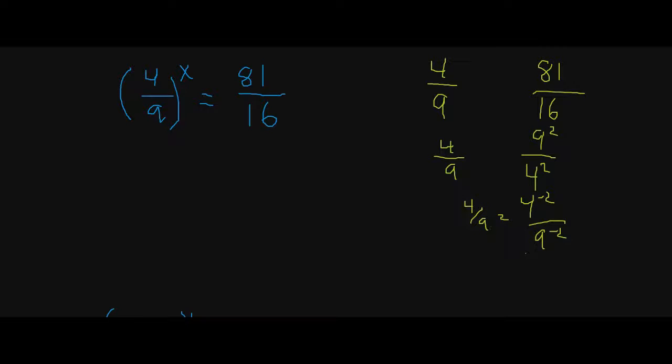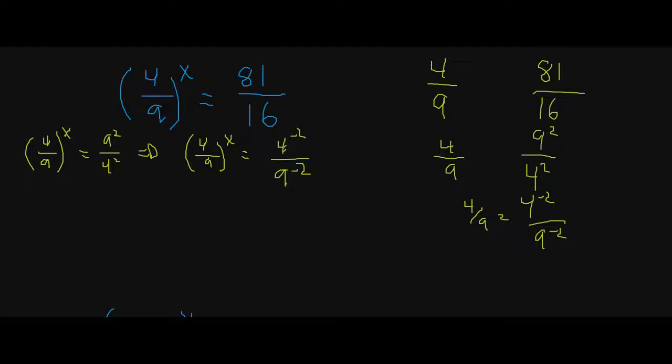But I still need to get a common base. So over here, I'm going to go ahead and get started writing this out. We have 4 over 9 to the x. We wrote this as 9 squared over 4 squared. All right. And then we're going to rewrite this as 4 over 9 to the x is equal to 4 to the negative 2 divided by 9 to the negative 2.